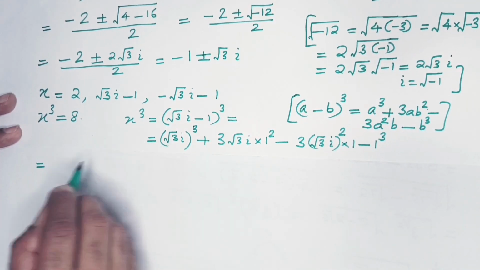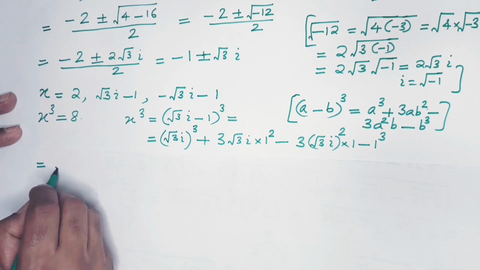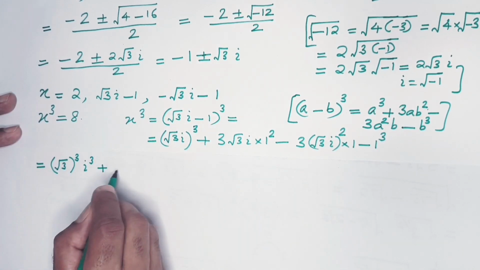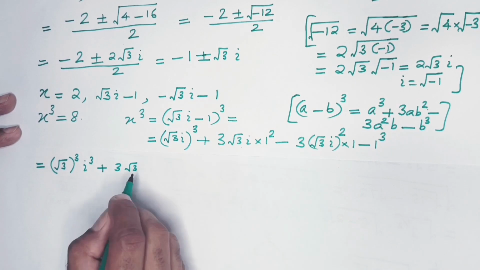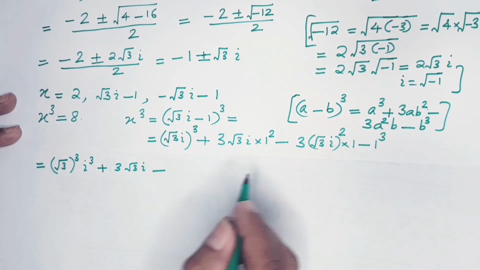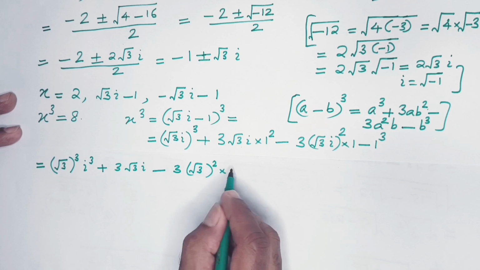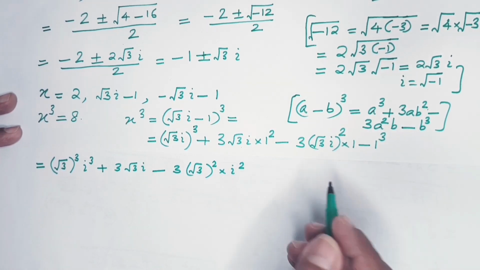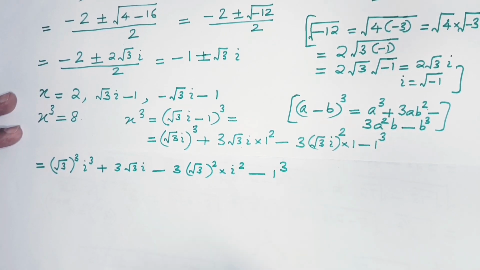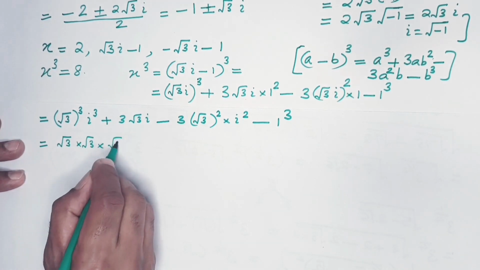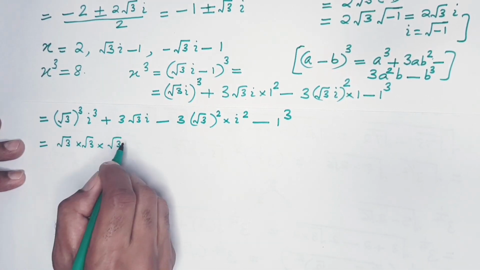Now we will simplify this. See, this will be root 3 the whole cubed, i cubed. This will be 3 root 3i, 1 squared is just 1, and this will be 3 root 3 squared multiplied by i squared into 1, minus 1 cubed. Root 3 cubed will be root 3 multiplied by root 3, and what about i cubed?